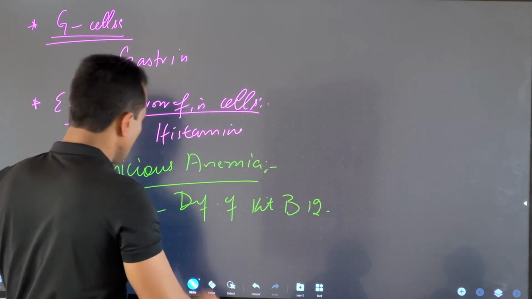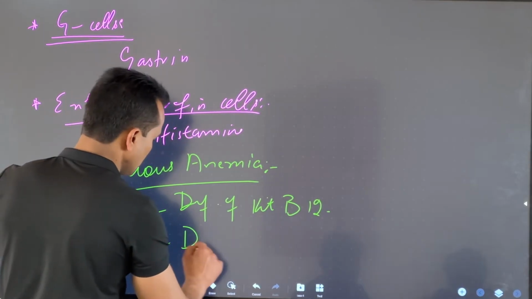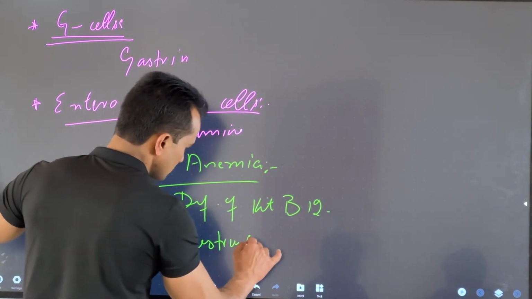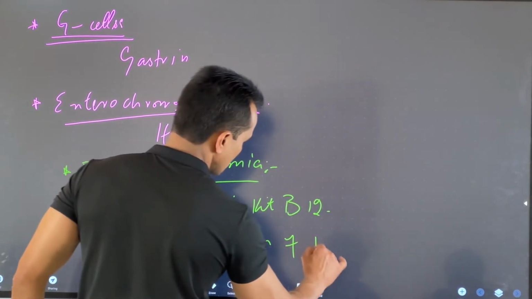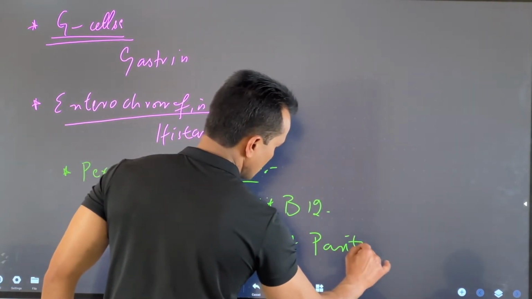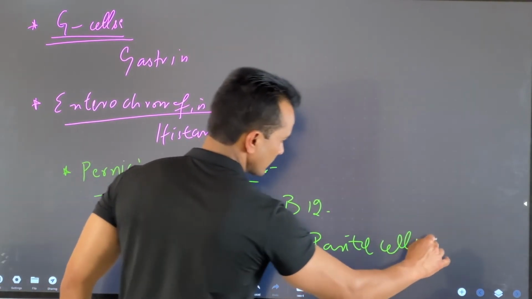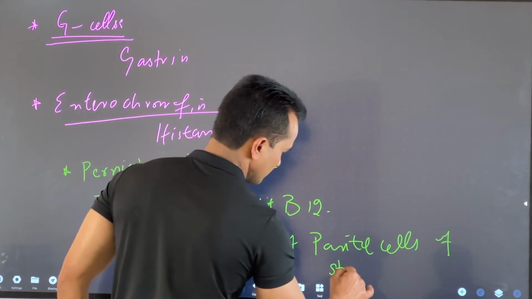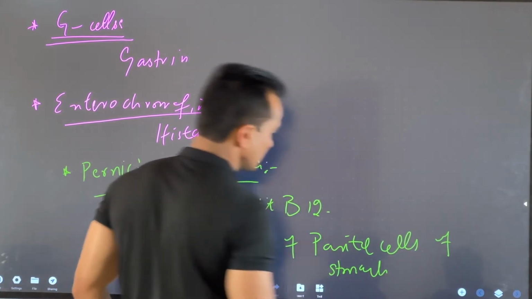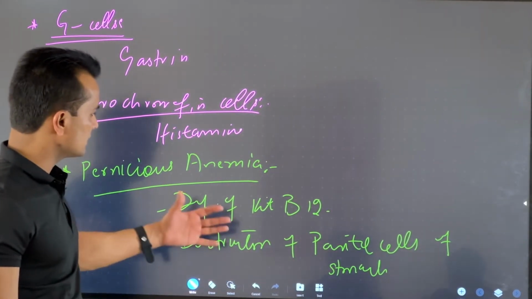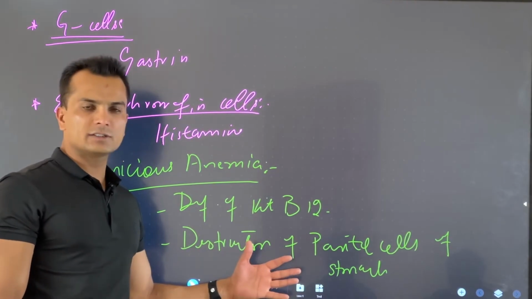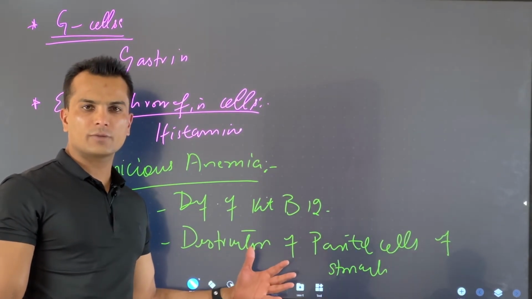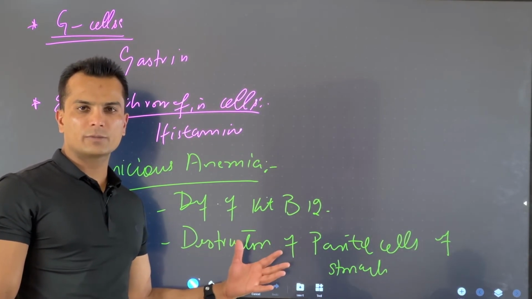And why no absorption? Because of destruction of the parietal cells of the stomach, and because these parietal cells help in production of the intrinsic factor, and the intrinsic factor in turn helps in absorption of vitamin B12 from the terminal ileum.